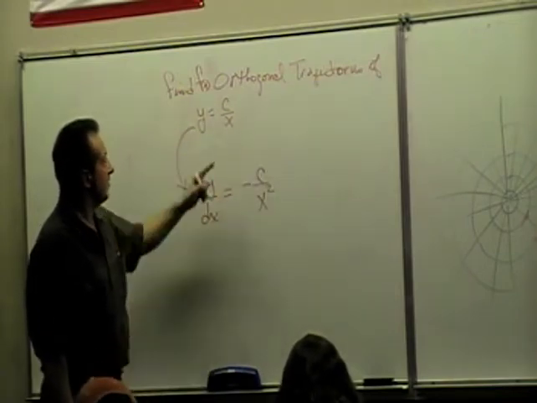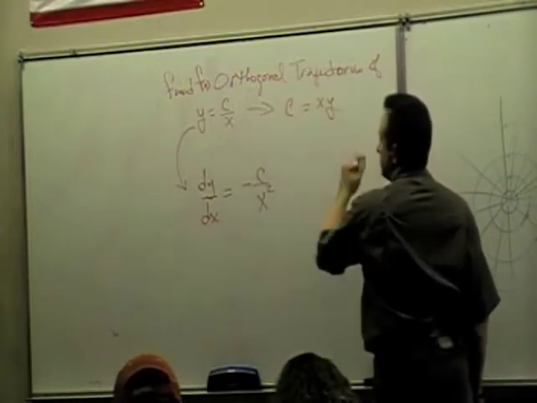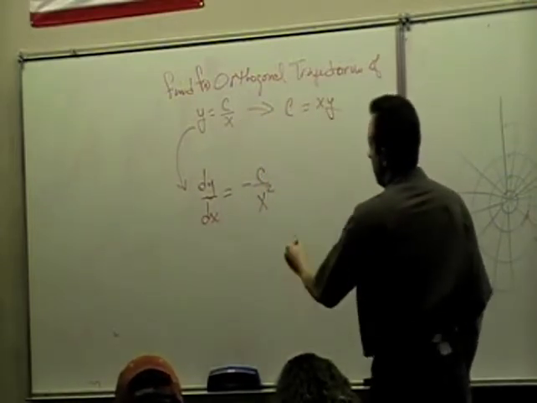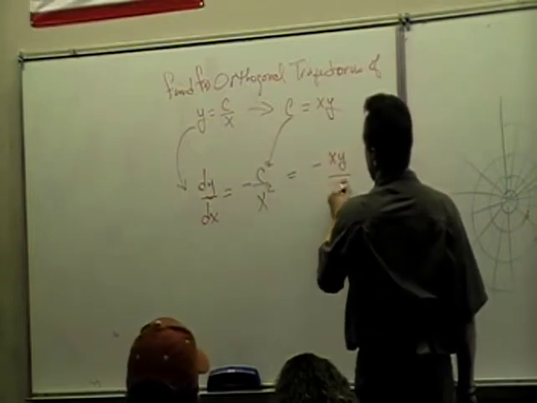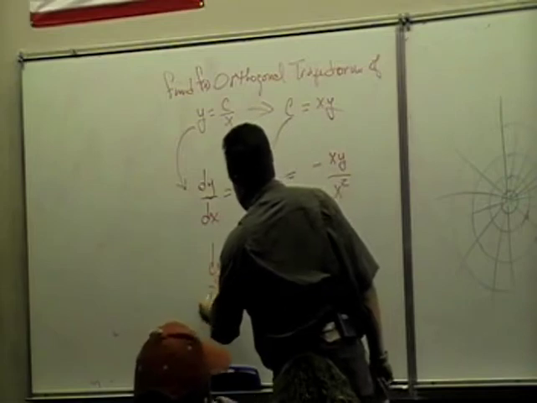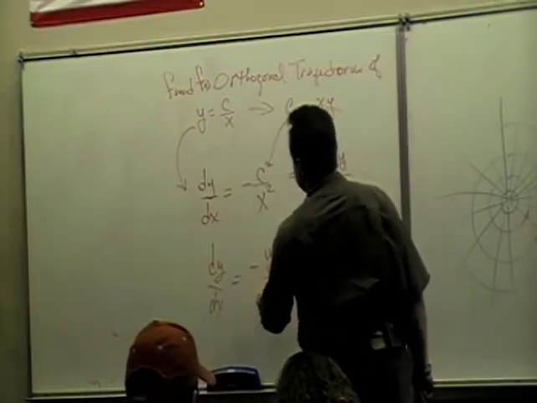How do I eliminate the c? Well, go over here. I see that c is equal to x times y, isn't it? So I am going to substitute that into here, and I'll get a negative xy over x squared. So dy/dx equals a negative y over x.